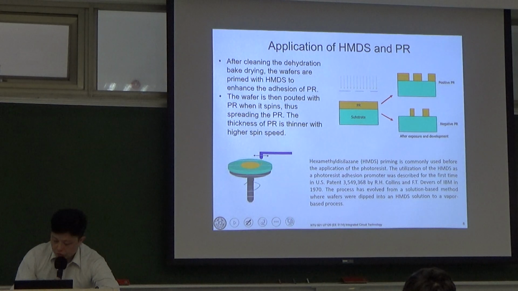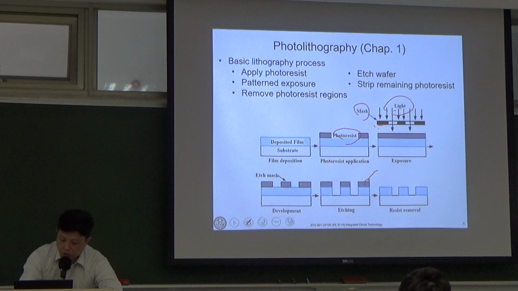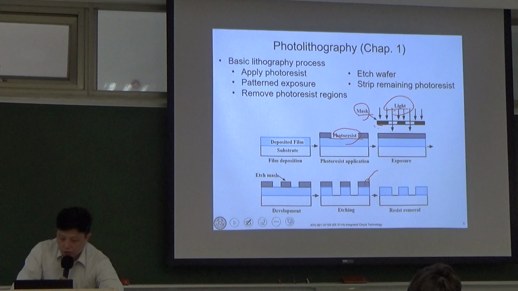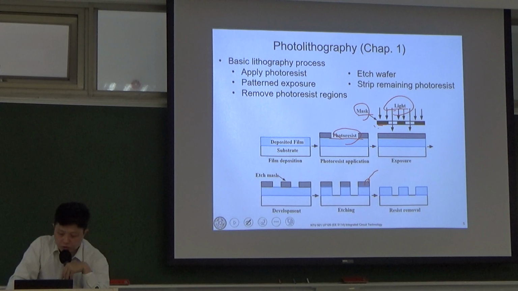Okay, so first we will introduce the photoresist, and we will introduce how we can understand this photoresist developer and what kind of litho tools we use in our fabrication process.